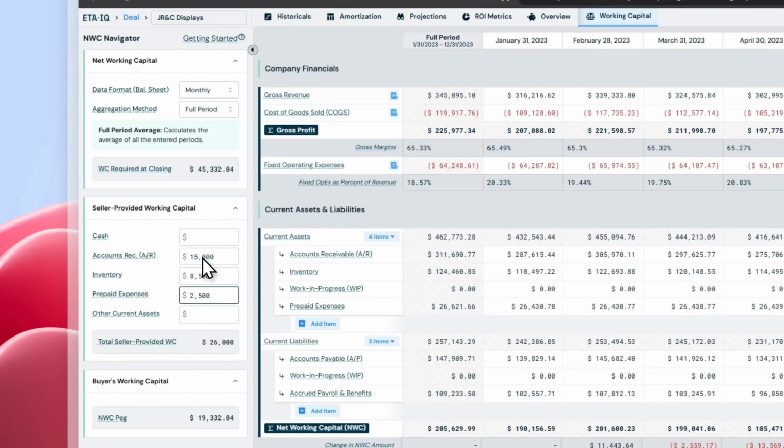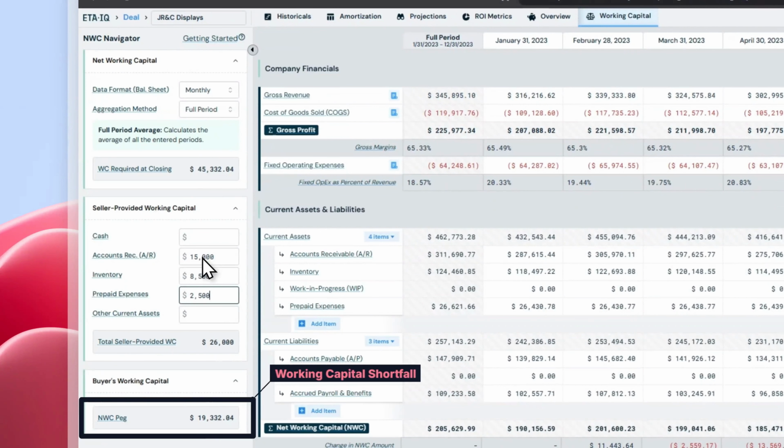And finally, at the bottom, you'll see the buyer's working capital section, where the model calculates whether you have a shortfall or a surplus on day one. If this number is black and positive, that indicates a shortfall, meaning the business doesn't have enough working capital to support operations at close.